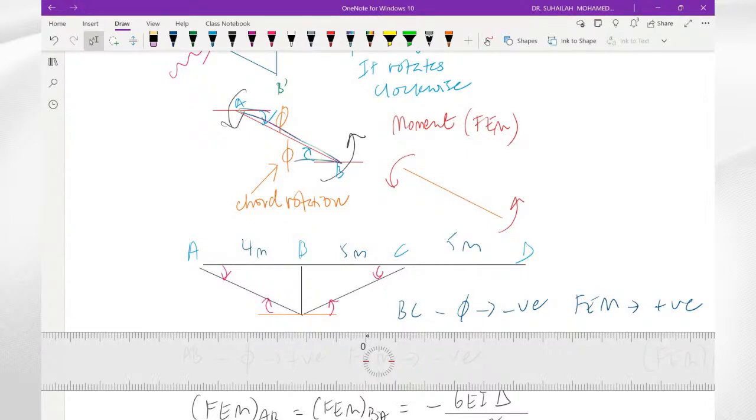About FEM, we should know first about the angle, the rotation, the principle. We always have to remember that the angle we measure is from the original to the new position, meaning new after settlement. But FEM will react, will counter back, will push back the beam to its original position. So FEM is always opposite to the angle.